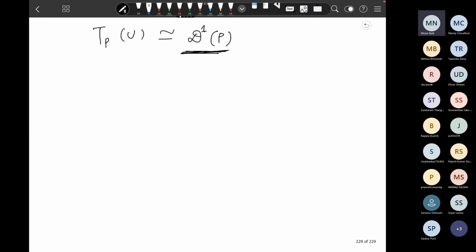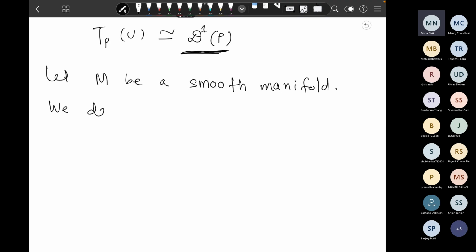So let M be a smooth manifold. I am not assuming here that M is a subset of R^(n+1). This is the important thing. Now we define T_pM equal to, by definition, D1P.